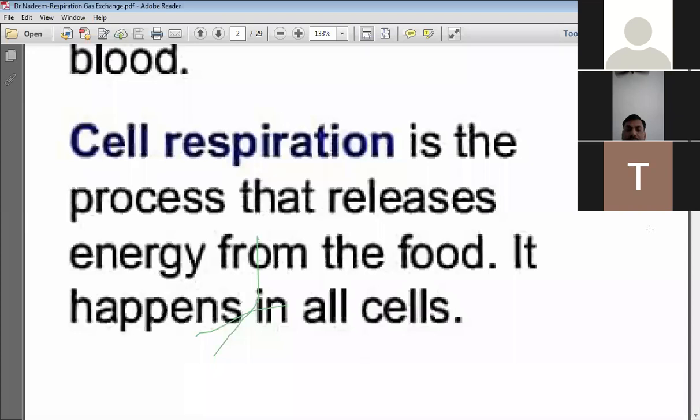This involves three pathways: glycolysis, the TCA cycle, and the most important, the electron transport chain. This is the most important chain. Why? Because it is the site for release of most of the ATP.